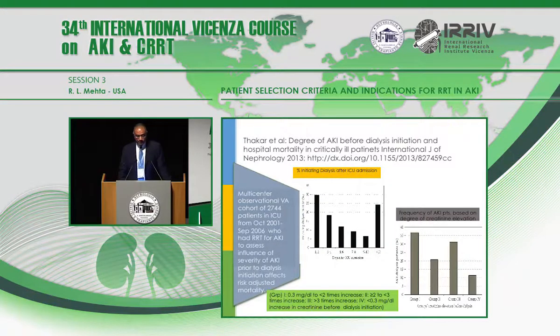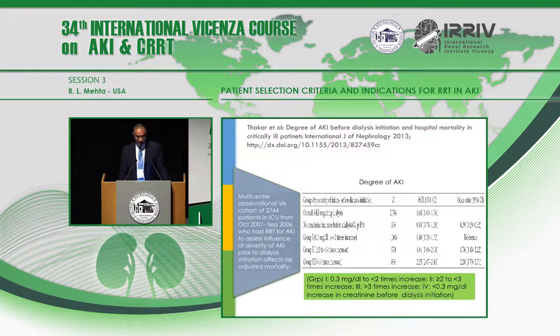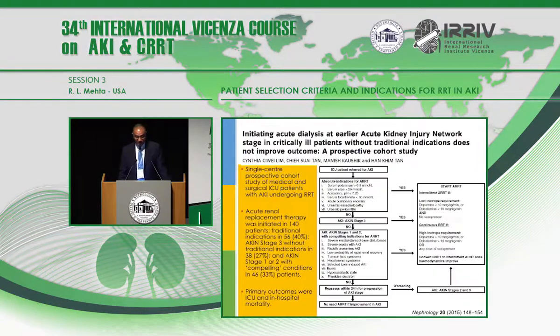And then the last point here is that when you looked at data with non-traditional indications, as in this study where they looked at patients in groups 1, 2, 3, which were stage 1, 2, 3 of AKI, and group 4 did not meet those criteria, you actually find that the patients in group 4 had the best outcomes, and there was no creatinine increase between dialysis. Here is the standard mortality ratio. In contrast, it is much higher in these other groups here.